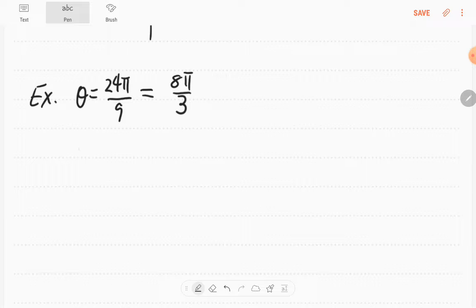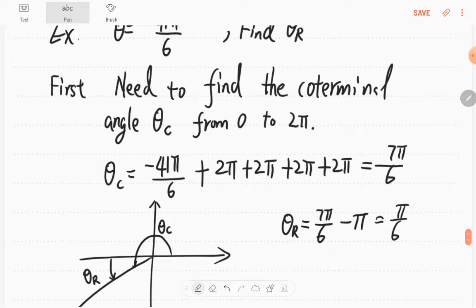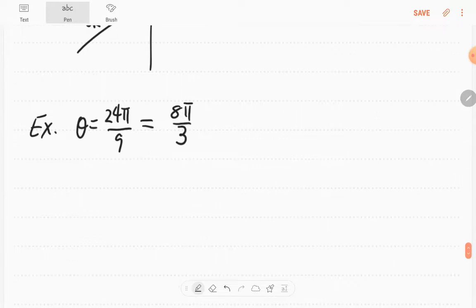So it's not in the region. You needed to find the coterminal angles from 0 to 2 pi, right? So it's not in the region from 0 to 2 pi, so we needed to convert it to be a coterminal angle, which is in from 0 to 2 pi.